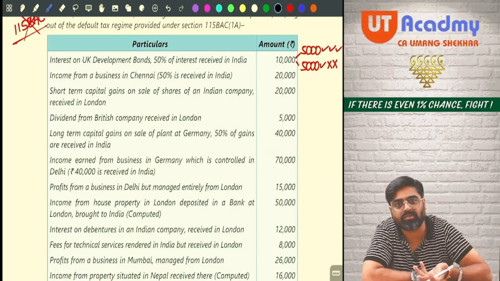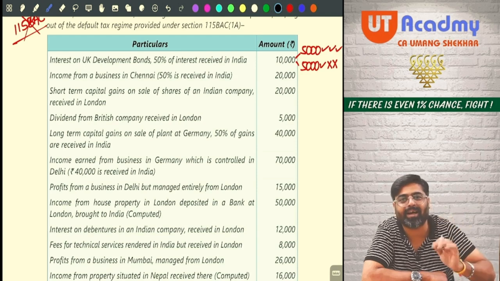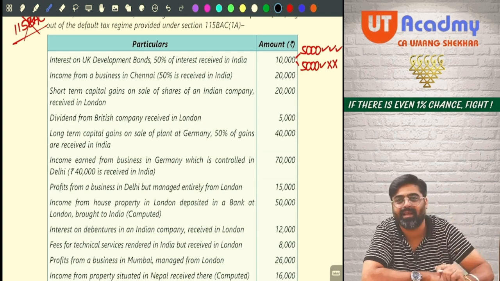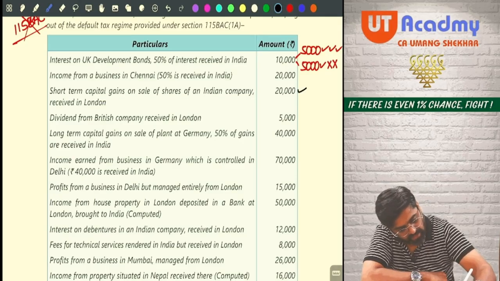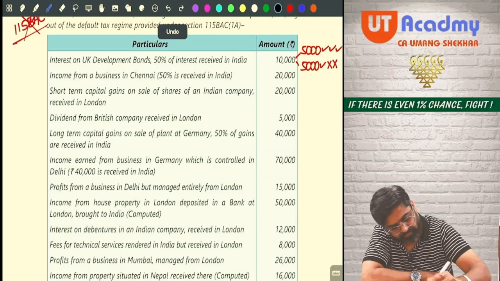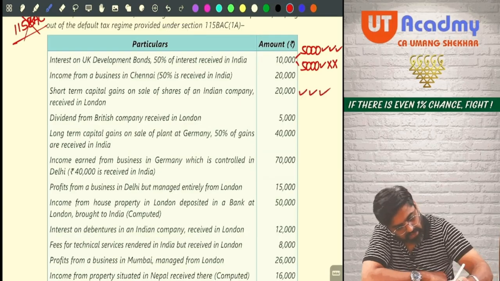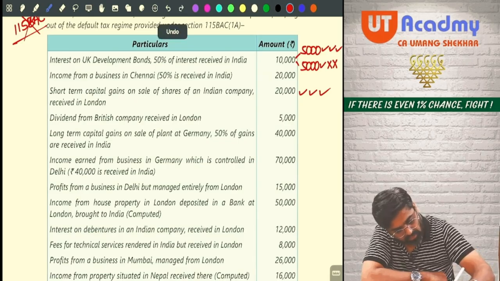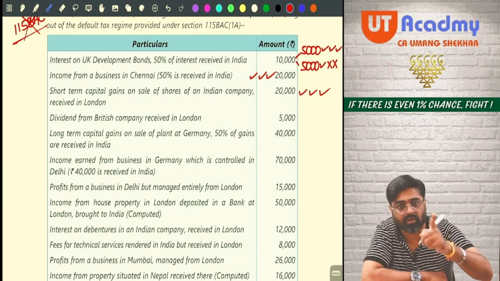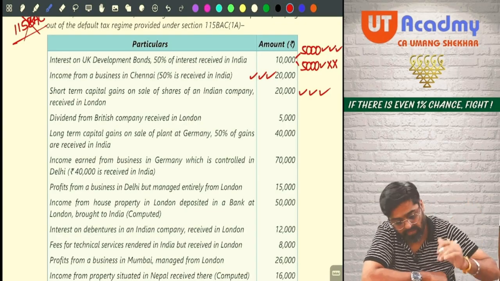The nature of income is the same: deemed to accrue or arise in India, Section 9. So tick, tick, tick. And for this 20,000 also, tick, tick, tick. Yes or no?